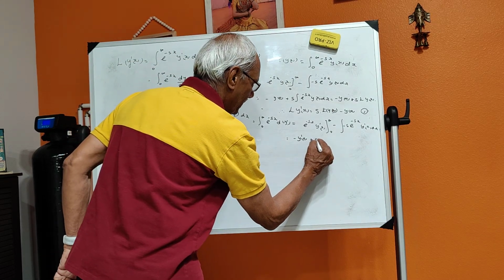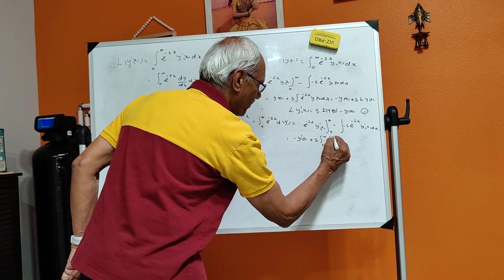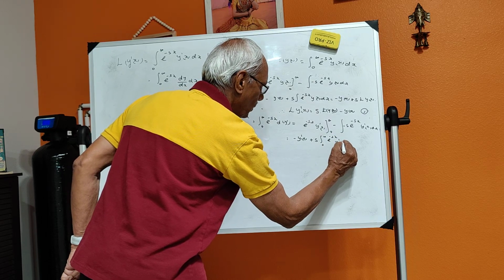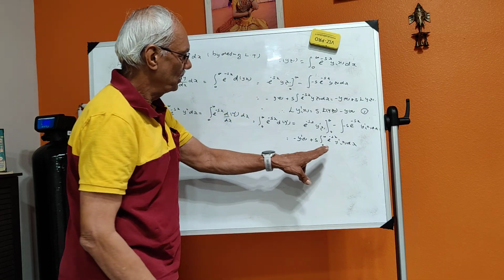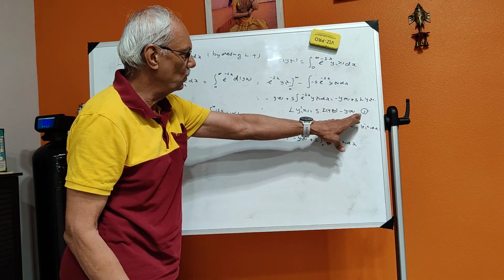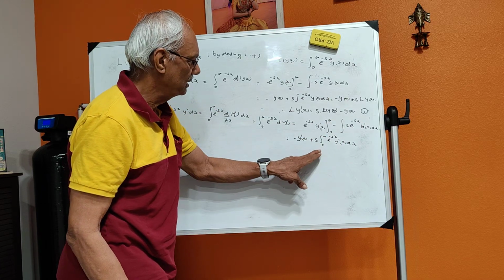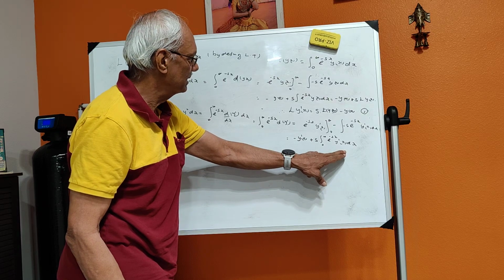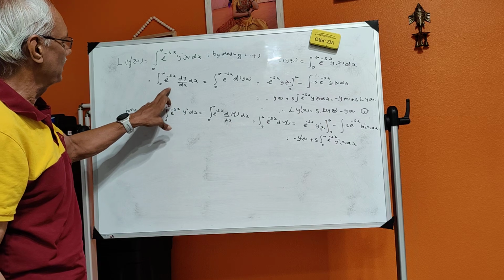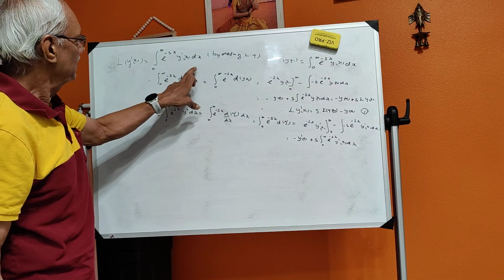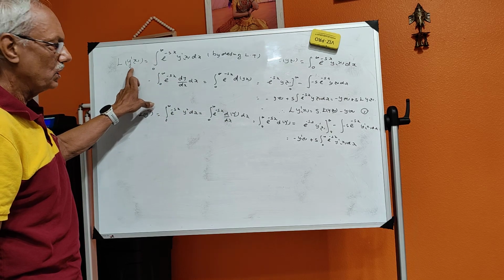Minus into minus is plus, the integral from 0 to infinity of e to the power of minus sx into y dash of x into dx. Now this is nothing but what? See, using 1, the value of this integral: e to the power of minus sx, y dash of x, that is nothing but L of y dash.